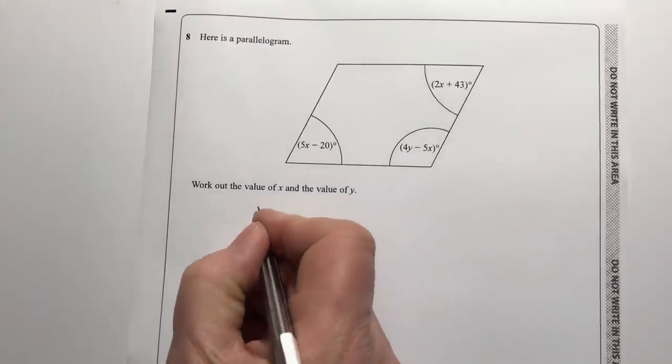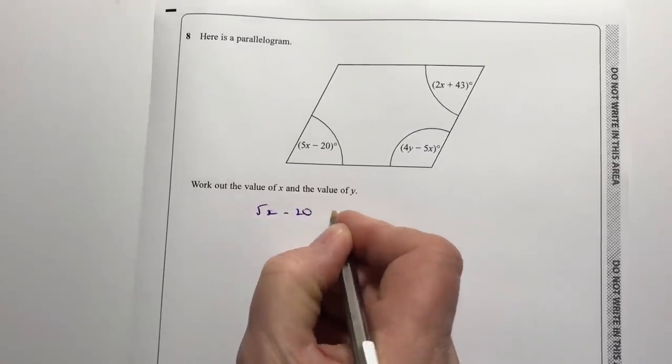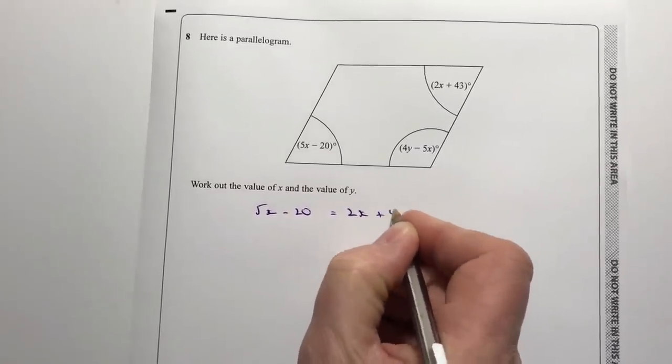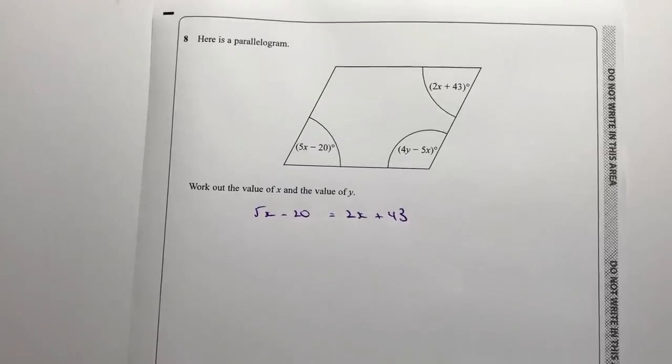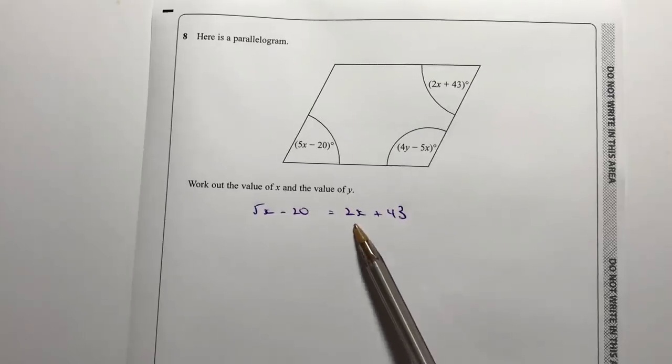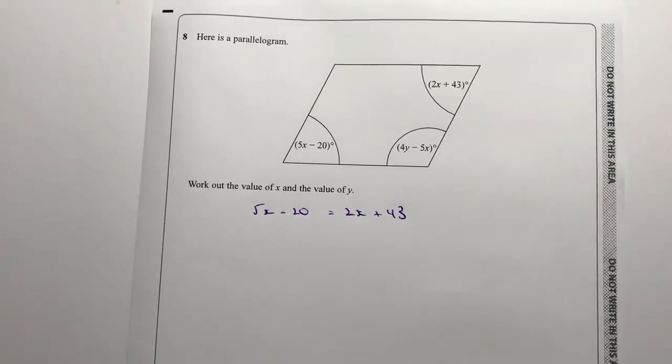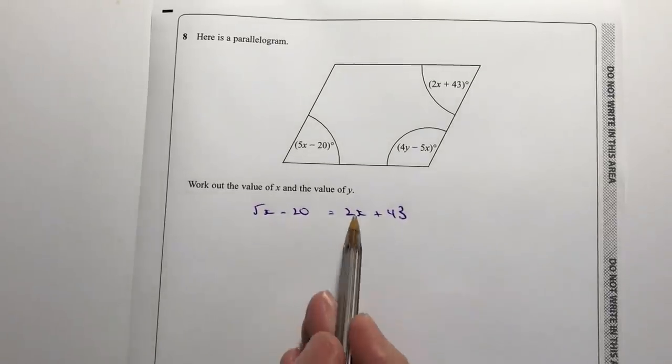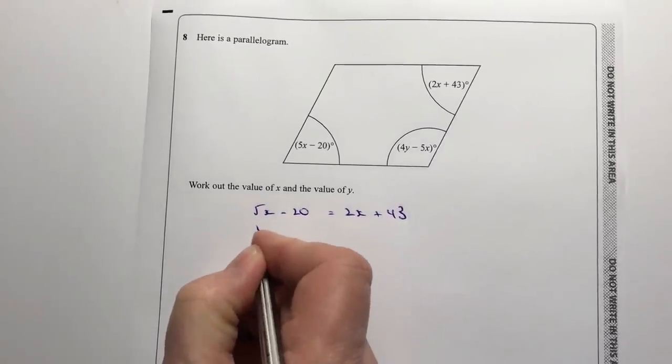So I've got 5x minus 20 equals 2x plus 43, and then really it's just a case of manipulating this to get x's onto one side and numbers on the other. So I'm going to take that 2x and I'm going to pull it over here, and that's going to mean I'm going to take 2x away, so that's going to become 3x.